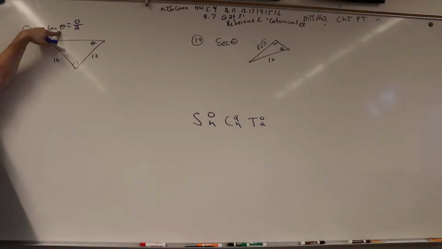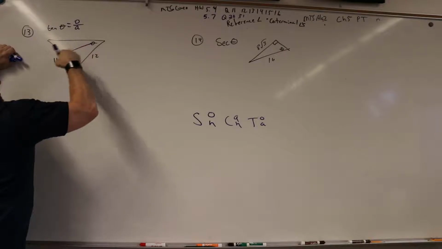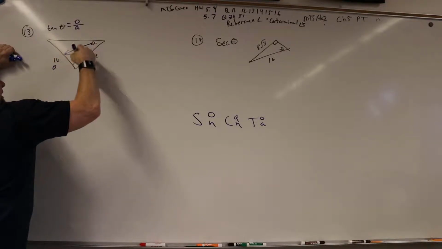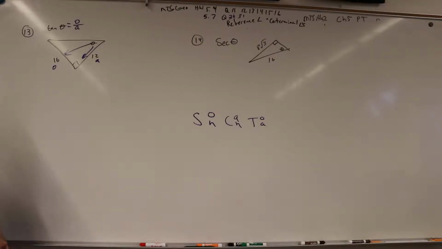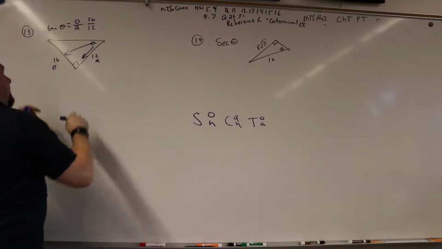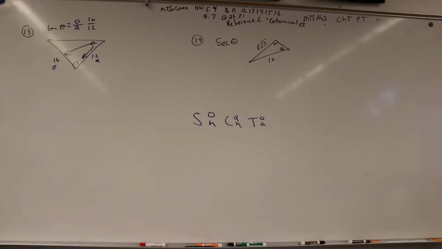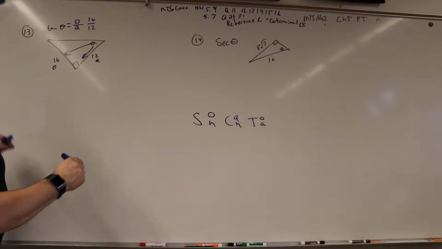We're talking about theta, so it's all with respect to this angle. Opposite and adjacent, so therefore, 16 over 12. That's easy. This isn't pre-calc stuff. This is algebra 2, geometry.